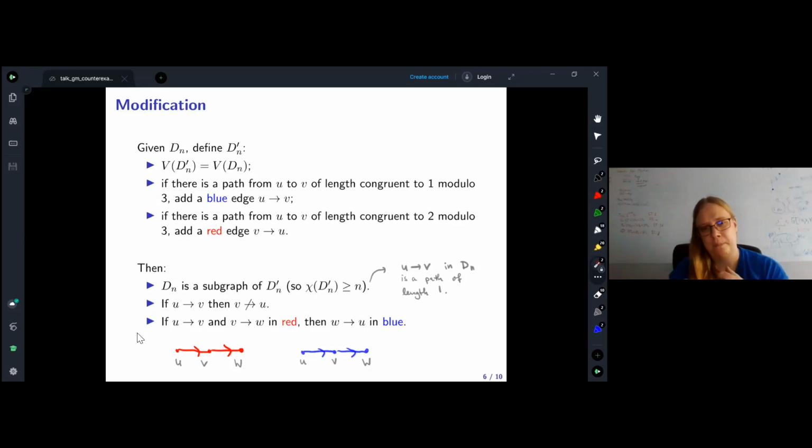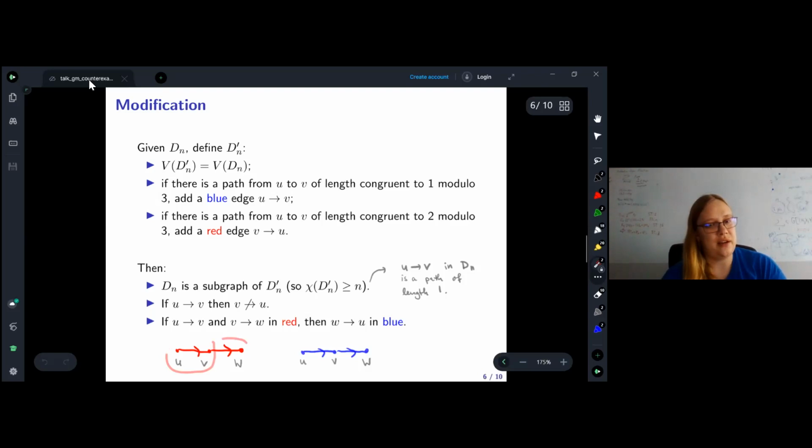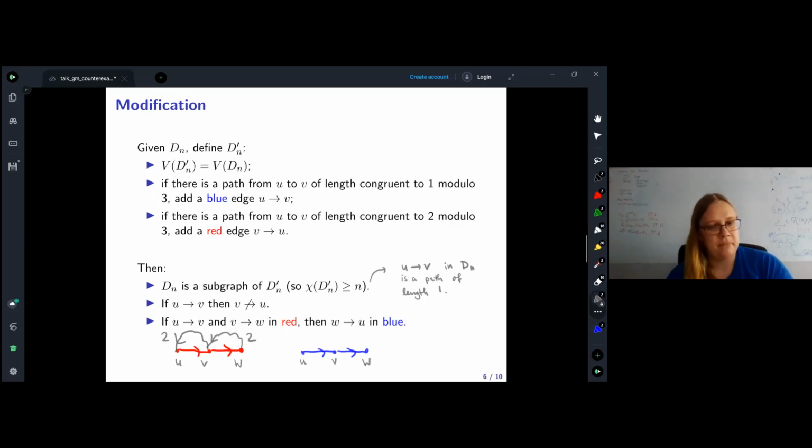And then there's one nice property, which is that paths concatenate. So if I tell you that in Dn prime, I have a red edge from u to v and a red edge from v to w, that means somewhere there was a path of length 2 mod 3 from w to v, and a path from v to u, also of length 2 mod 3. And we said Dn is acyclic.